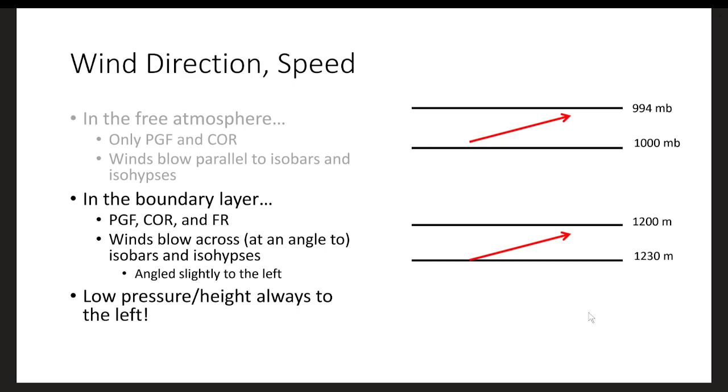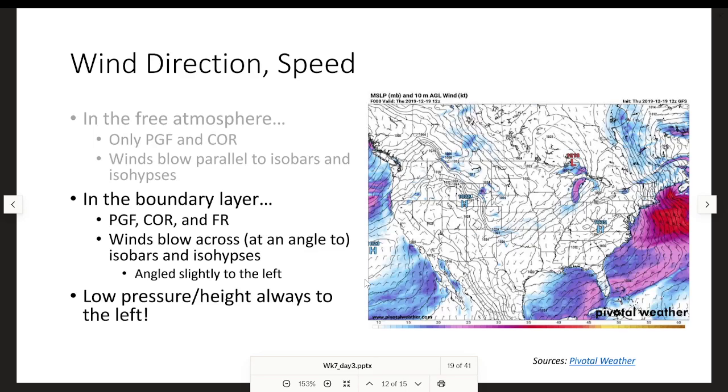So the low pressure and height is always going to be to the left, but there's going to be this angled flow instead of having it be straight and parallel to these lines. There's going to be more of an angle. It's angled slightly to the left.